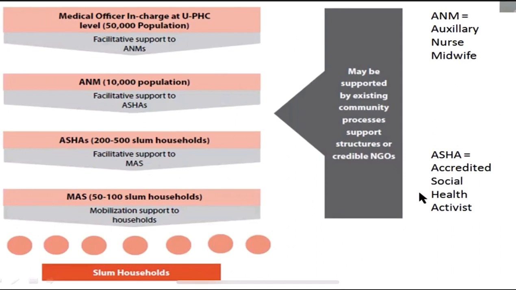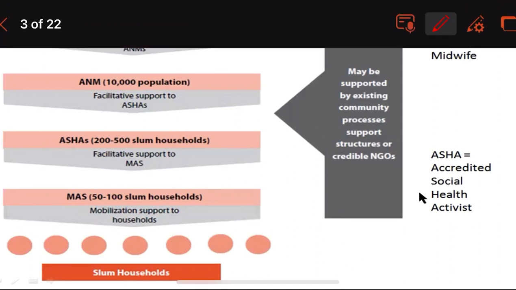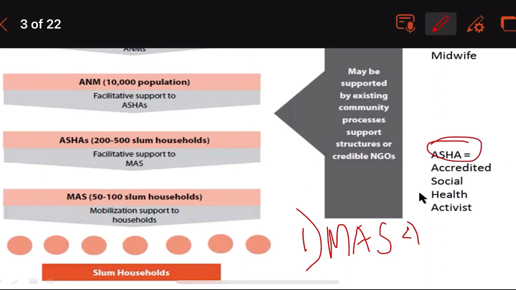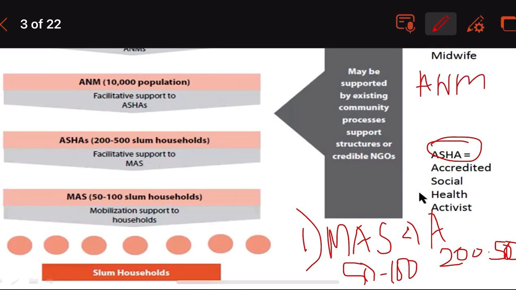Let us summarize again. The first is the Mahila Arogya Samiti, covering about 50 to 100 households. Next we have ASHA, covering 200 to 500 households. Followed by the auxiliary nurse midwife covering about 10,000 population.